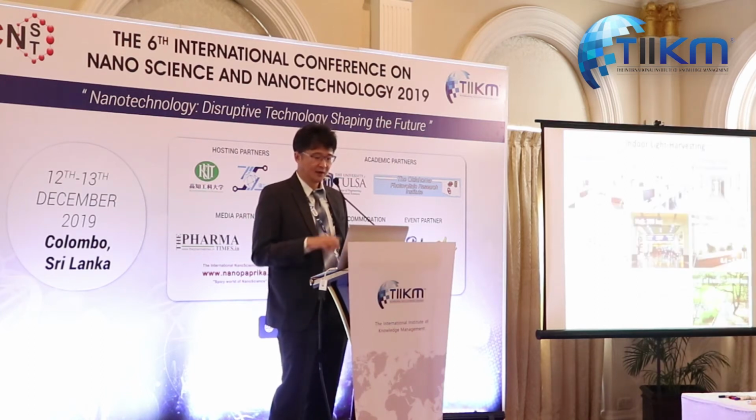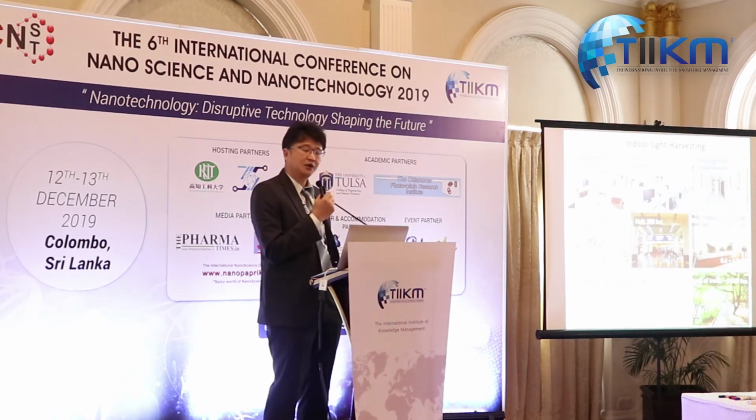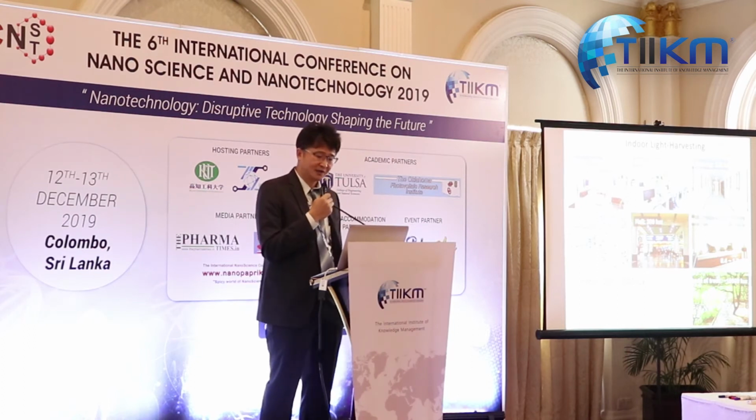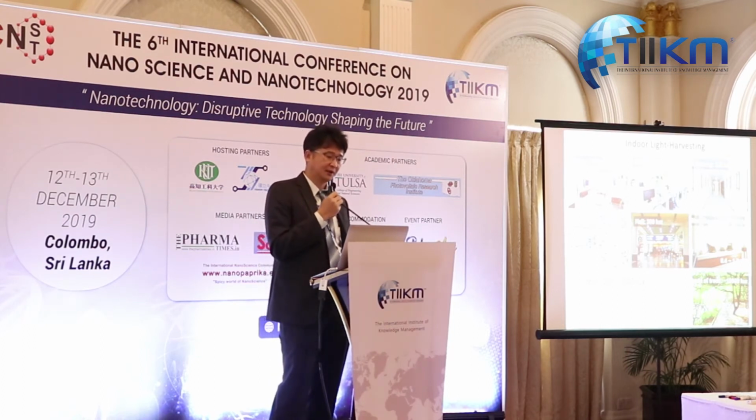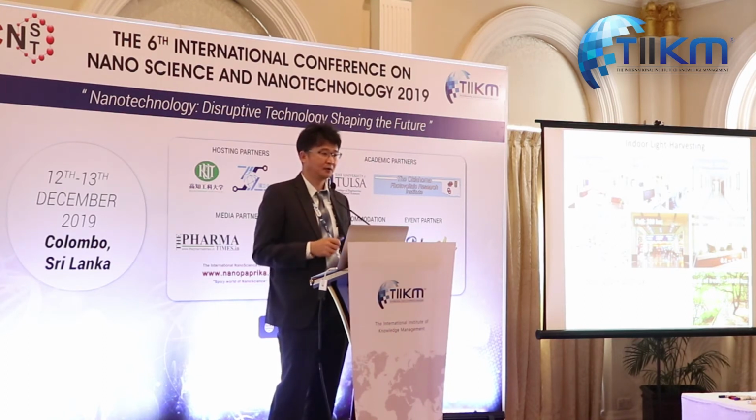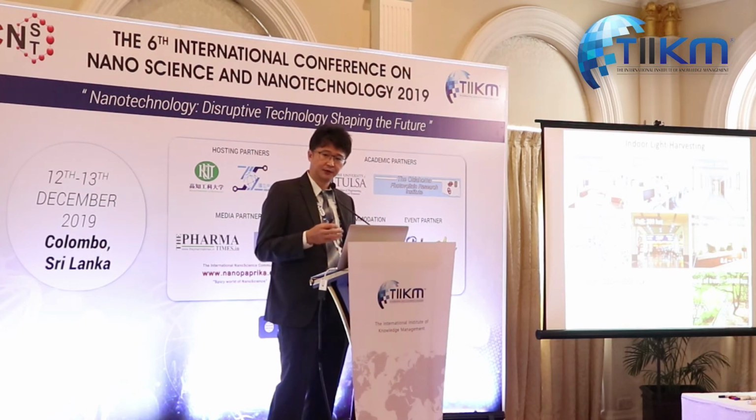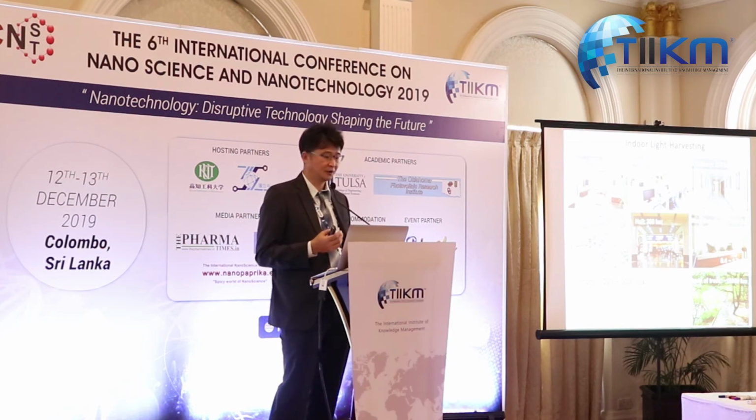As you know, indoor light harvesting is becoming more and more important. DSCs are superior to other types of photovoltaic technology. The photon flux in an indoor environment ranges from around 200 to 3,000 lux.